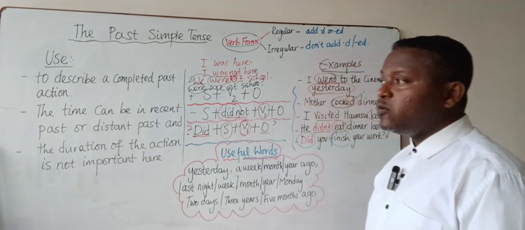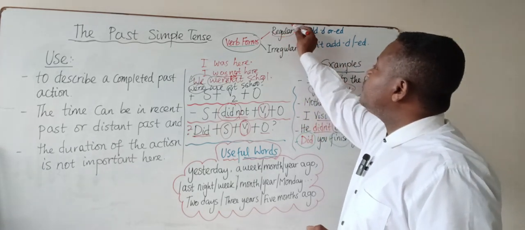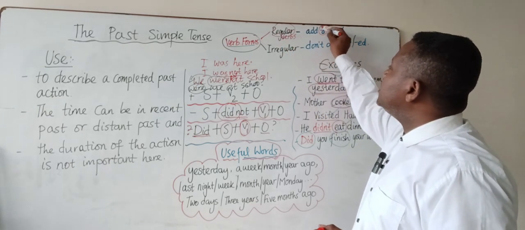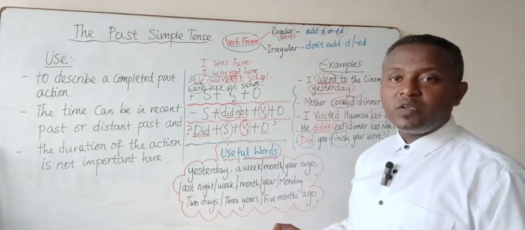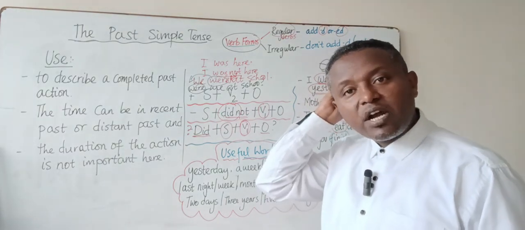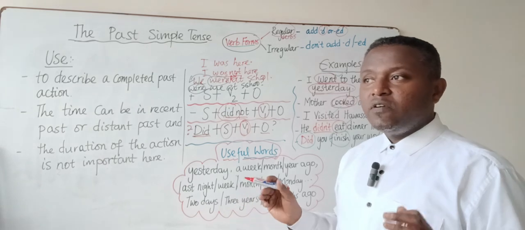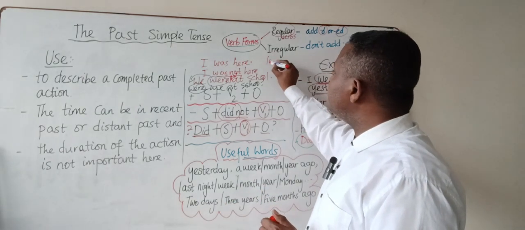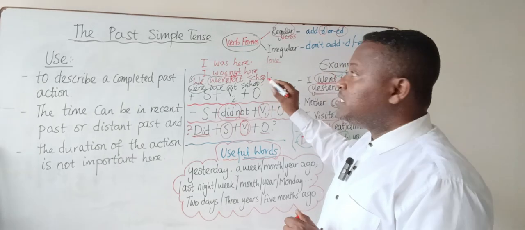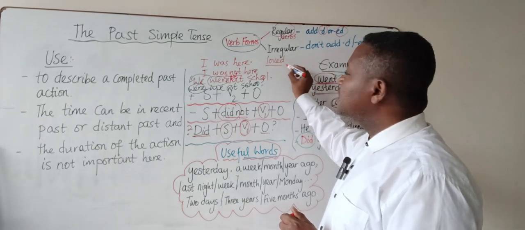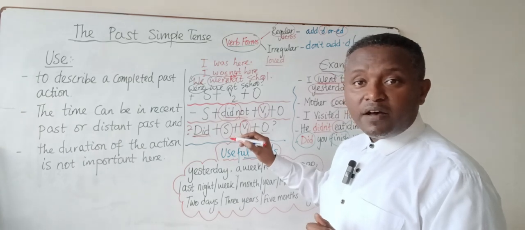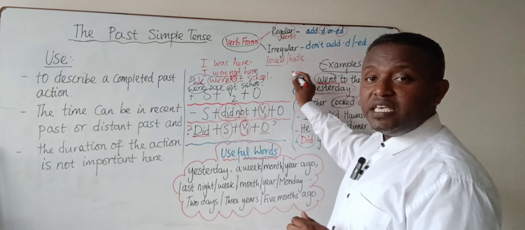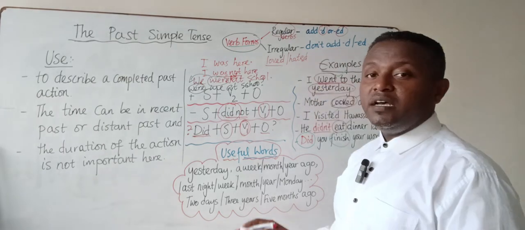But for now, in short, regular verbs are verbs that add d or ed when they change into past structure. For example, if the verb is love, we simply add d and make it loved. If it is hate, because it ends with e, we simply add d: hated.